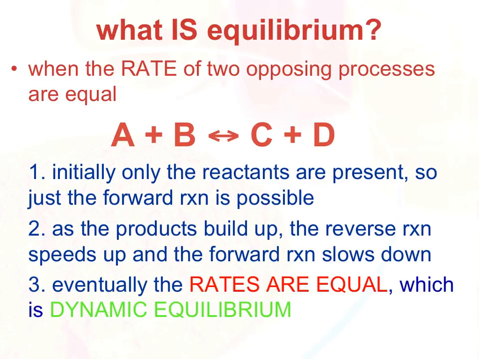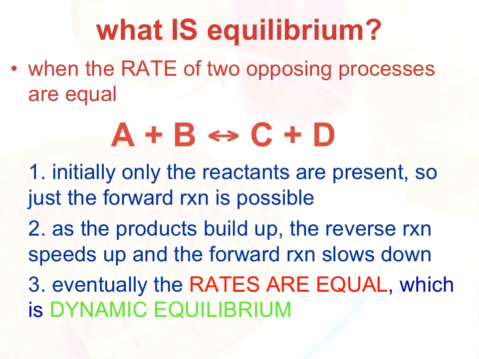Now, as we progress forward in this reaction to produce C and D, the rate of the reaction is going to be decreasing. Simultaneously, as we increase the quantity of C and D, the reverse process is going to increase in rate, and eventually the rates are going to become equal. Once the rates of the forward and the reverse process are equal, we reach something called dynamic equilibrium.